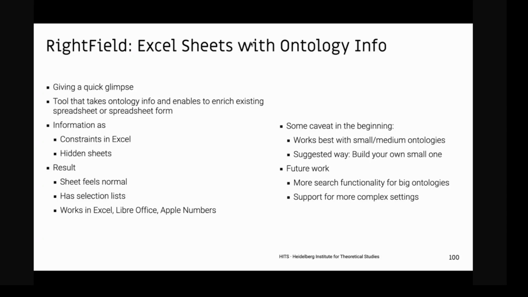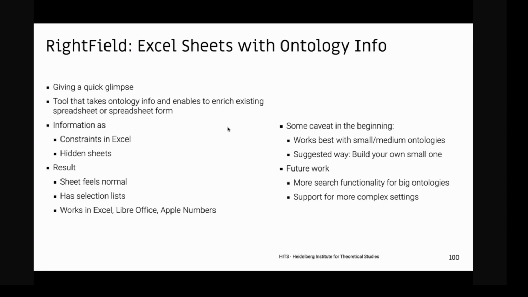The preparation for this course made quite clear that we need more functionality for big ontologies, and we also need more functionality for more complex settings. But I want to give you an idea of what it does. And I'm not aware of other tools doing this in this way.